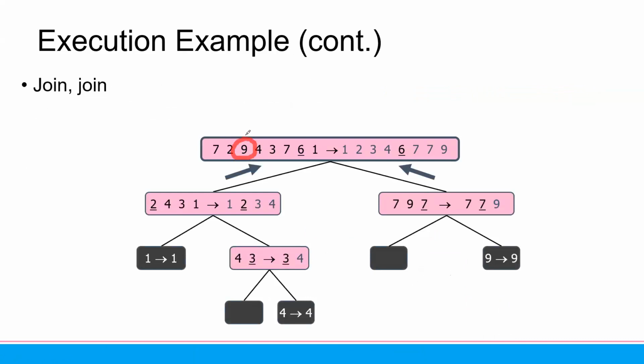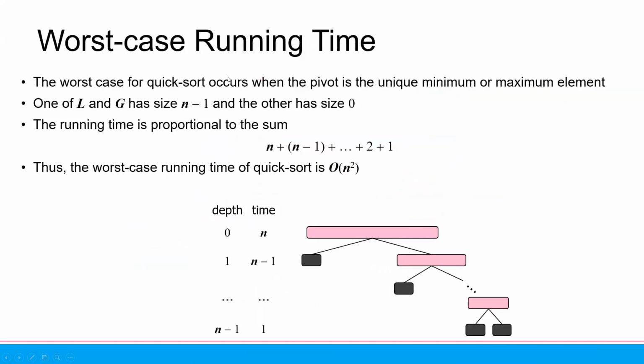If you use 9 as the pivot, it means all the nodes will be on the left. No element on the right. So that is the meaning of the worst case of quicksort. One of L or G has size n minus 1 and the other has size 0. Okay, so this is the worst case.